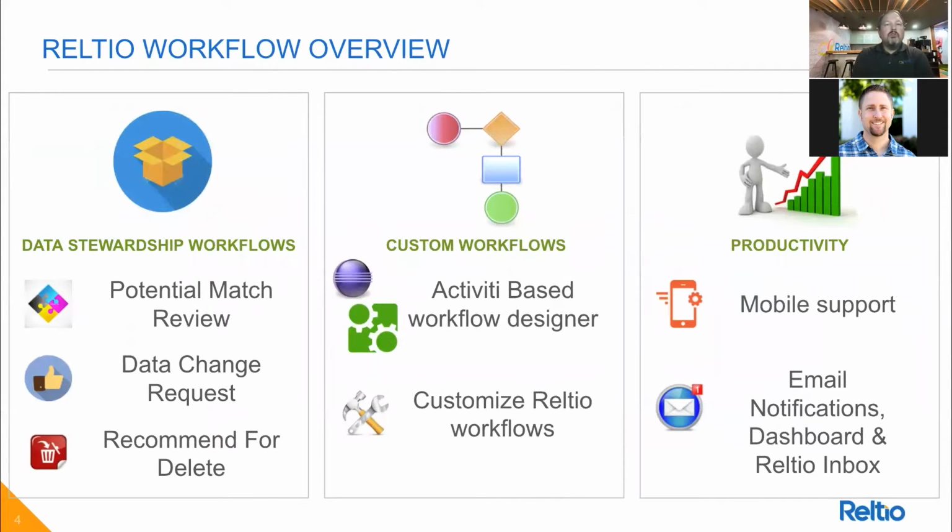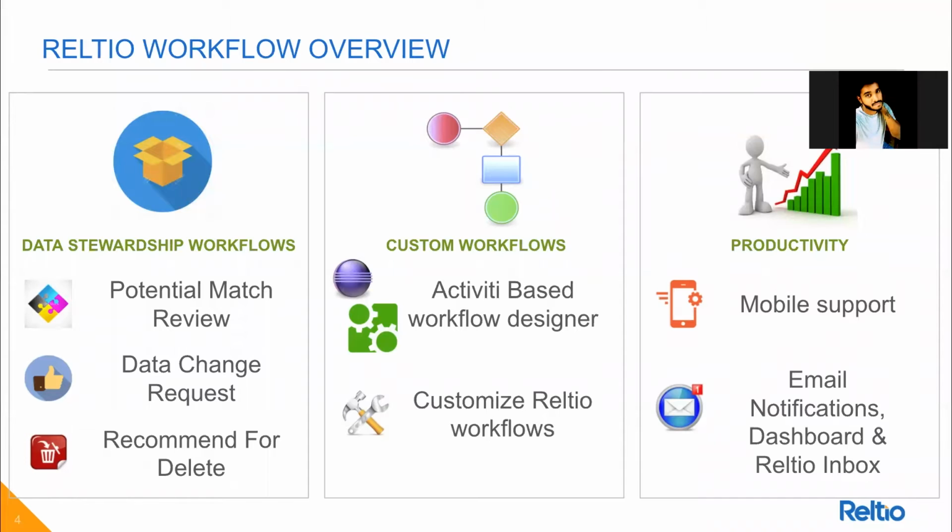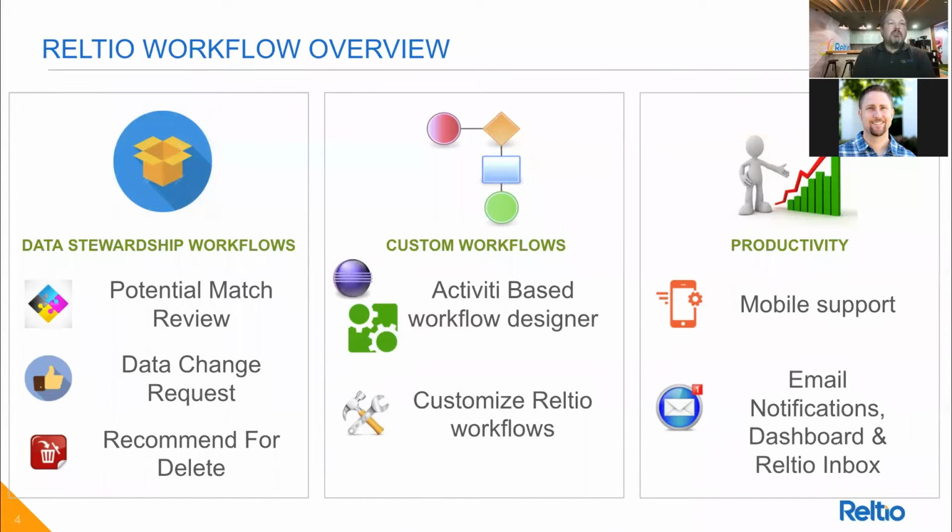When you look at what Reltio delivers out of the box, not only are we delivering the infrastructure to support these workflows, we're also providing a number of workflow processes that are predefined and pre-integrated into the Reltio data governance interface. The first we'll discuss is the potential match review. The idea there is that the system has identified, through the Reltio matching engine, two records that have a correlation suggesting they could be merged together.